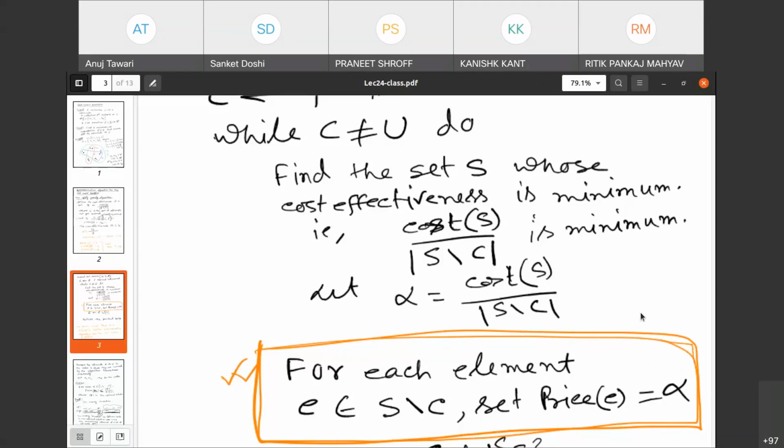If all the elements of set S are already covered, then there is no use of including those. If you are just dividing it by the number of elements, then that is not capturing which elements are covered and what this new set is bringing. What are the new elements which are being covered? So that is why we don't just define it as cost of S divided by cardinality of S, because we want to see what are the new elements which are being covered by this set.